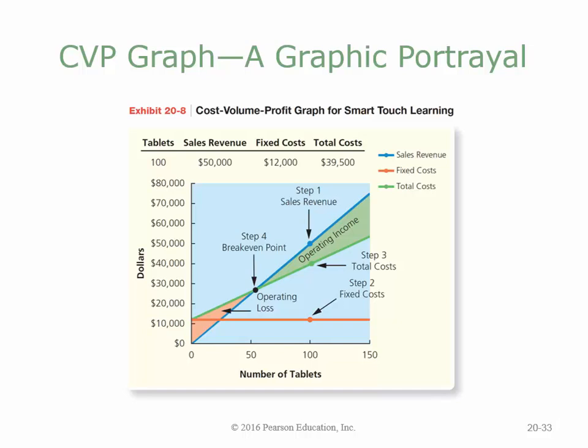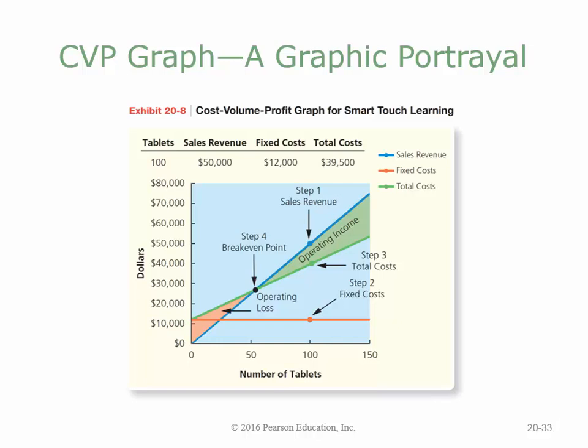You'll notice where our total costs intersect our sales revenue, we have a break-even point. Makes sense, right? When you sell enough to cover your costs, that's break-even. You have 0 profit. All of this represents an operating loss, the point at which our revenue has not yet reached our total costs.